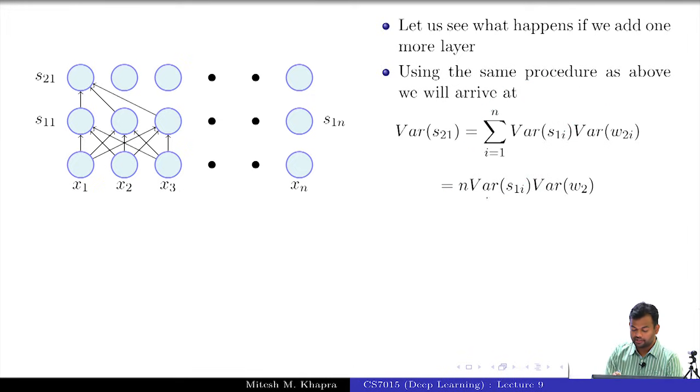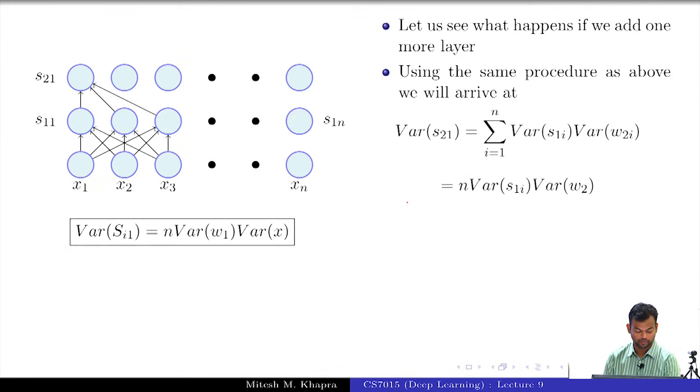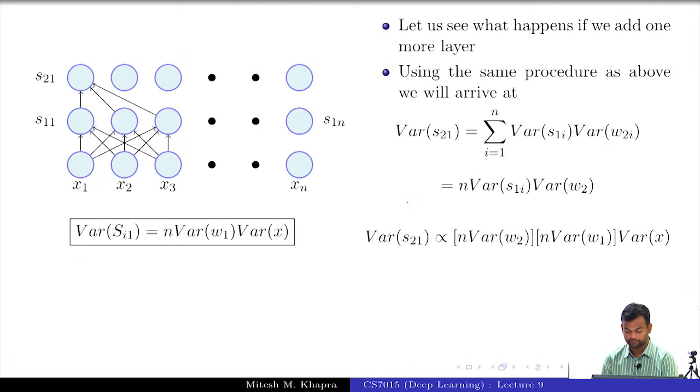So this will result in this quantity. But I already had a formula for the variance of S1i. What was that? N into this quantity. So I'll just substitute it there. So the variance of S21 is equal to this. I've just substituted this value.